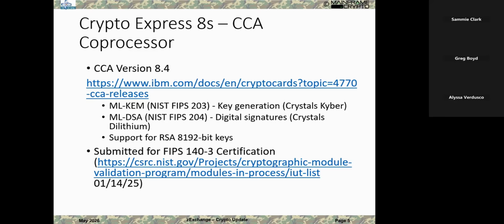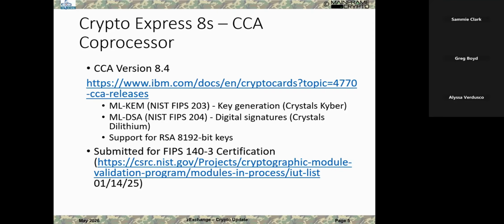Now, the Crypto Express 8 card on a Z17 is running a later version of the CCA software. So there are changes to what the cards can do, but it is the same technology. The major difference between the Crypto Express 8 card on the Z16 versus the Z17 isn't really a technology function, it's documentation and wording.